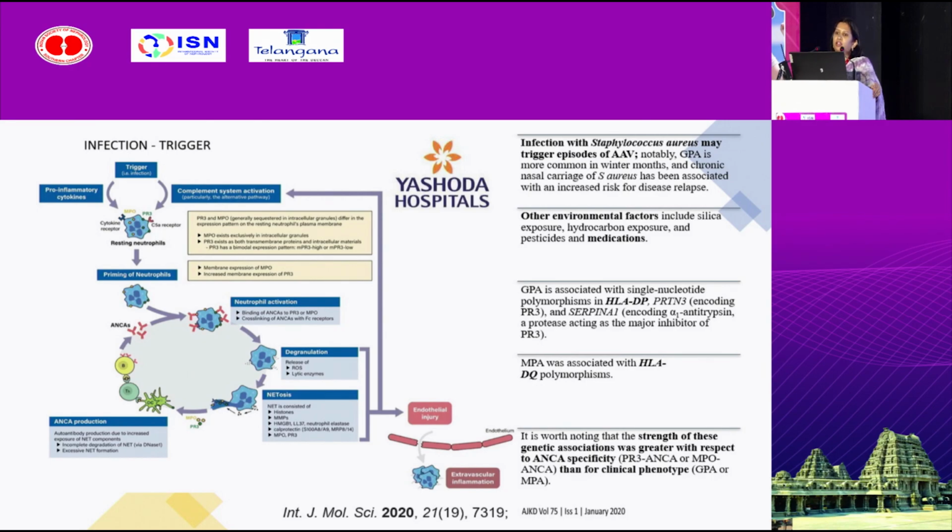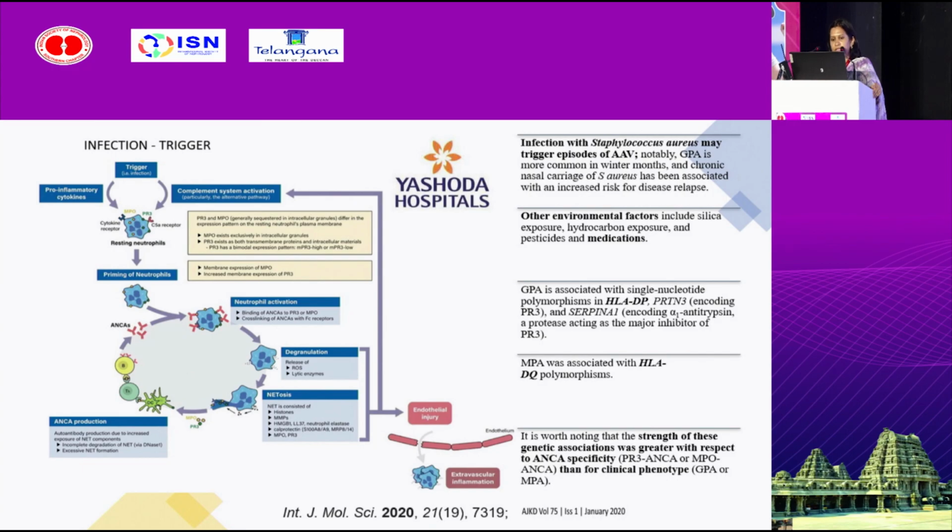So the clinical vasculitis cases, that is GPA, granulomatosis with polyangiitis, and microscopic polyangiitis, are associated with HLA polymorphisms. And there are genetic mutations also associated with serological ANCA values. So the genetic associations, they say, are more strongly associated with type of ANCA than the clinical vasculitis.